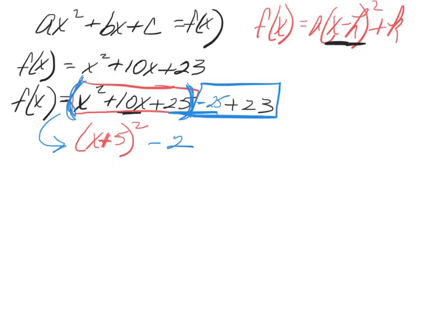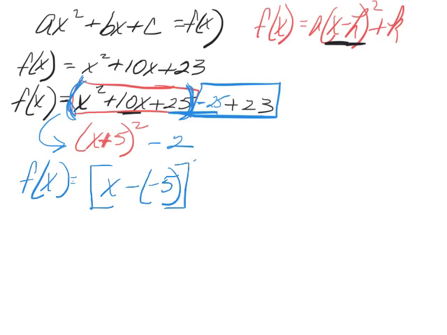Because this is a plus sign, and up here we need a minus sign, let's go ahead and rewrite this as f of x equals x minus negative 5 squared minus 2.